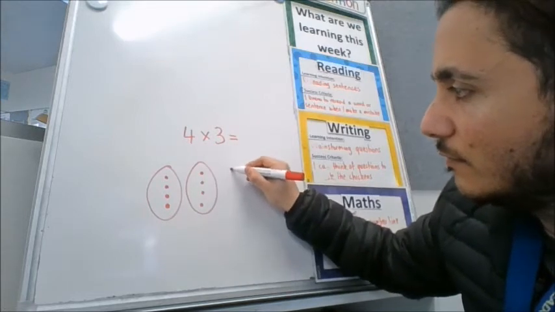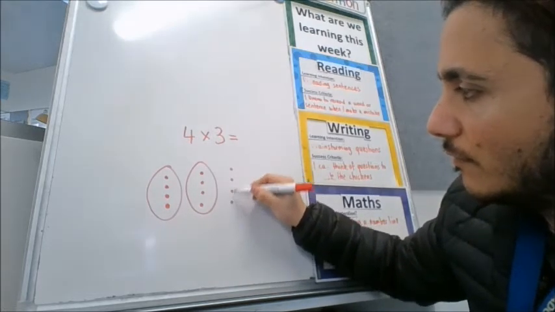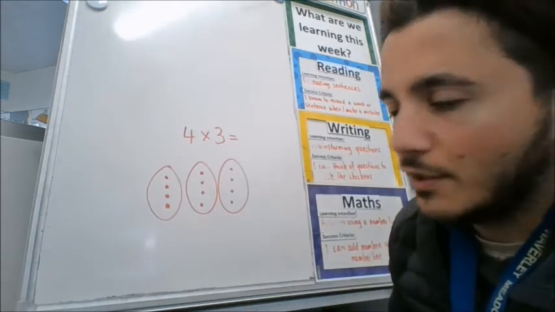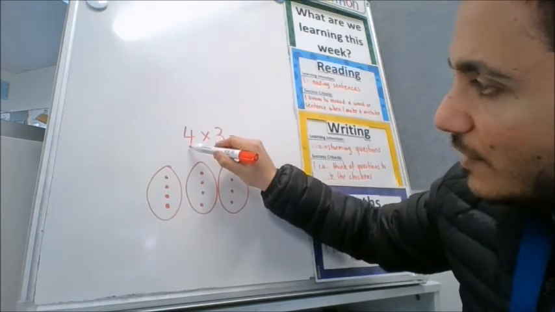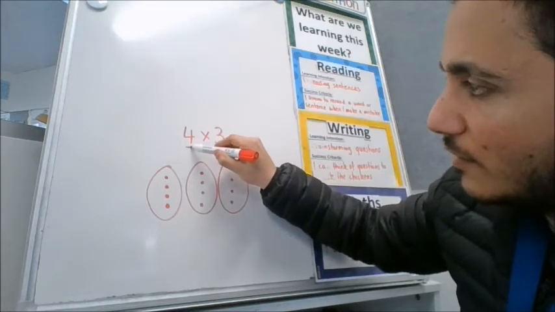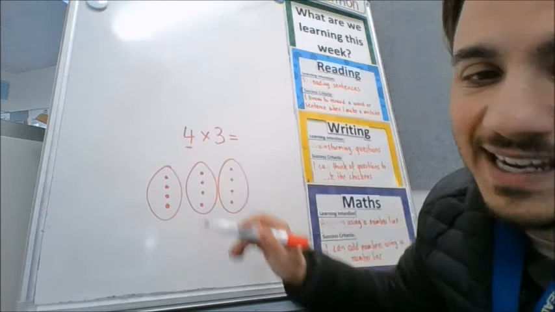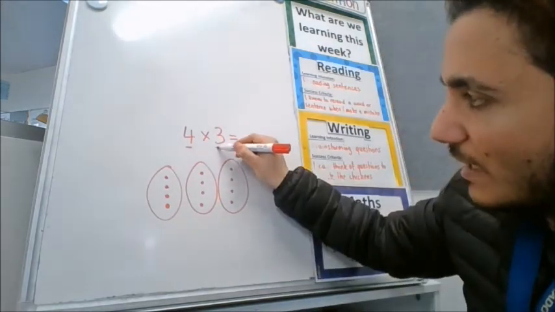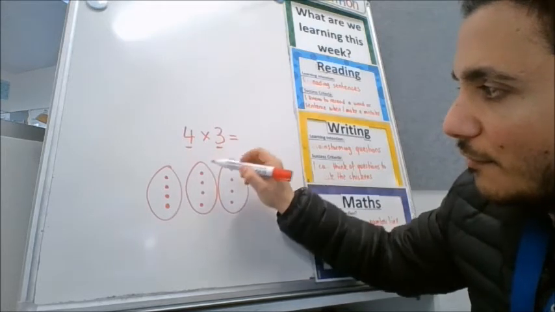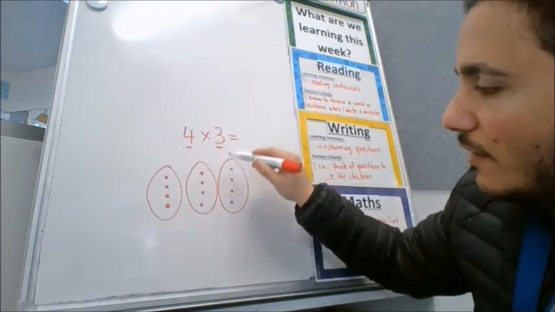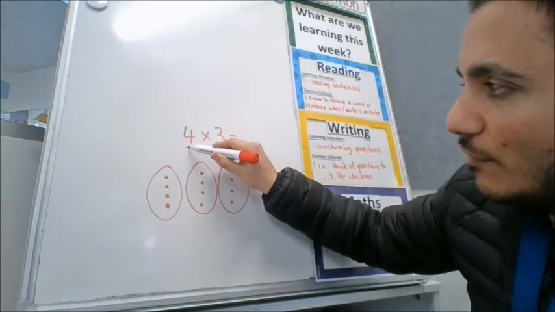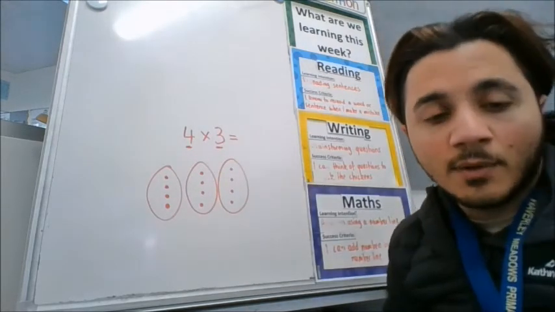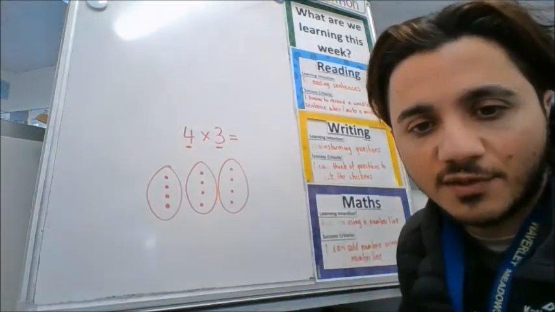There's 2, and there's 3. As I said earlier, the first number in your multiplication equation is how many should be in each group. How many groups is your second number. So we've got 3 groups, and in each of the groups, I've got 4. Now I can add them all up, and I've got my answer to what 4 times 3 is.